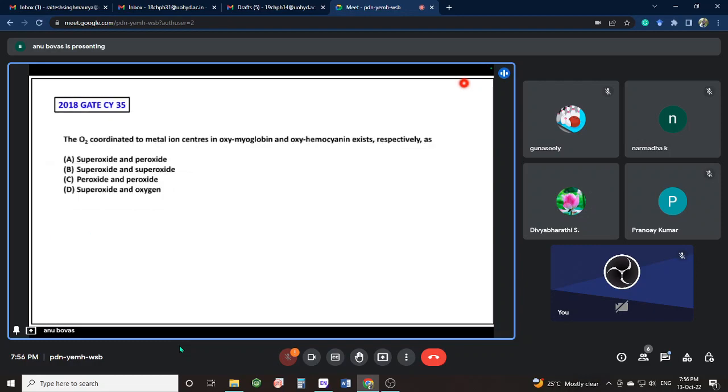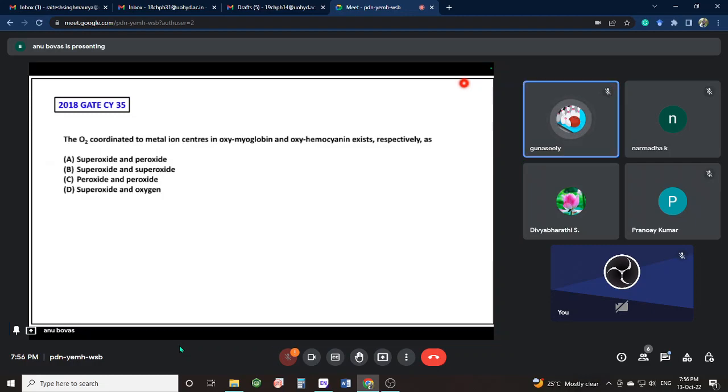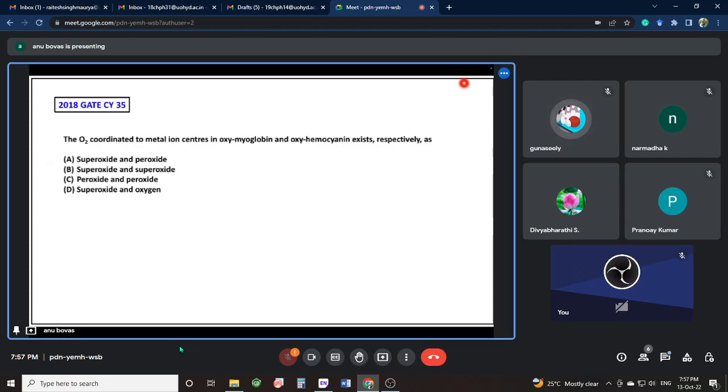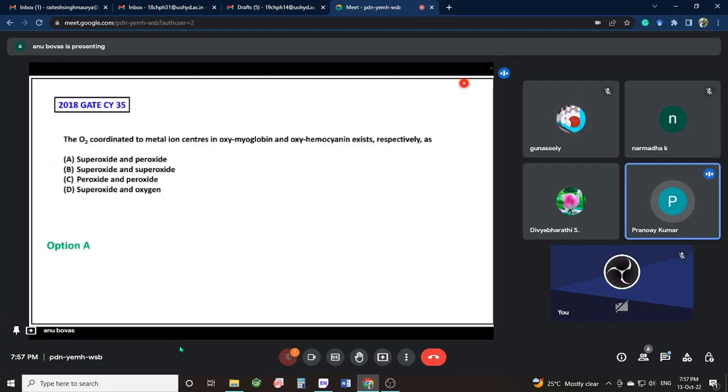And the next question is, the oxygen coordinated to metal ion centers in oxymyoglobin and oxyhemocyanin exists respectively as. So in oxymyoglobin, what is the state in which oxygen is coordinated? Superoxide and peroxide.